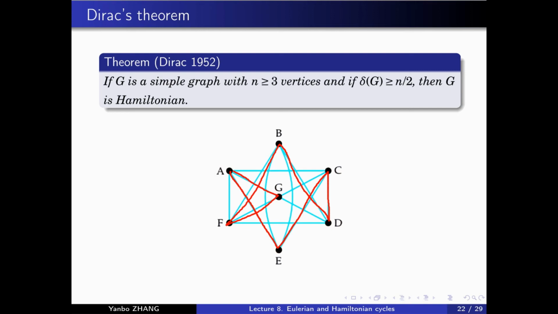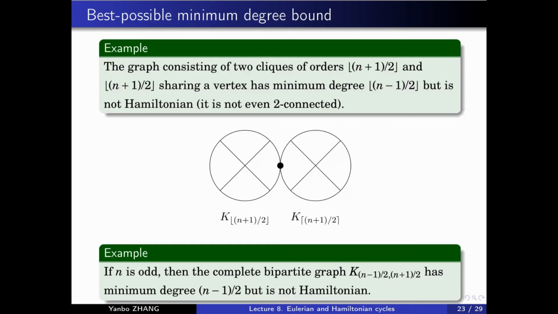But from Dirac's theorem, it's easy to see that this graph is Hamiltonian. And here n over 2 is best possible. If this bound decreases a little, the conclusion is no longer true. Here we have 2 examples that tell us that n over 2 is the best possible minimum degree bound.